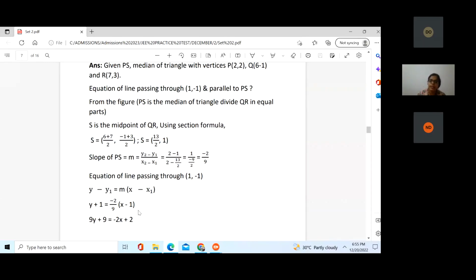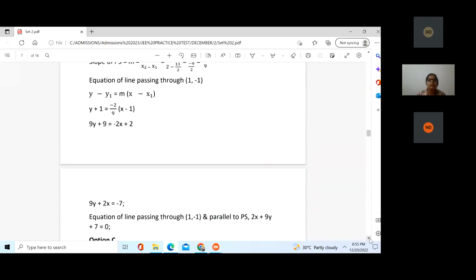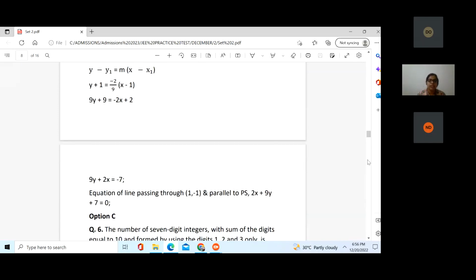So 9y plus 9 is equal to minus 2x plus 2. On rearranging these terms, it will be 2x plus 9y plus 7 is equal to 0. And this is given in option C. So option C becomes the correct answer.